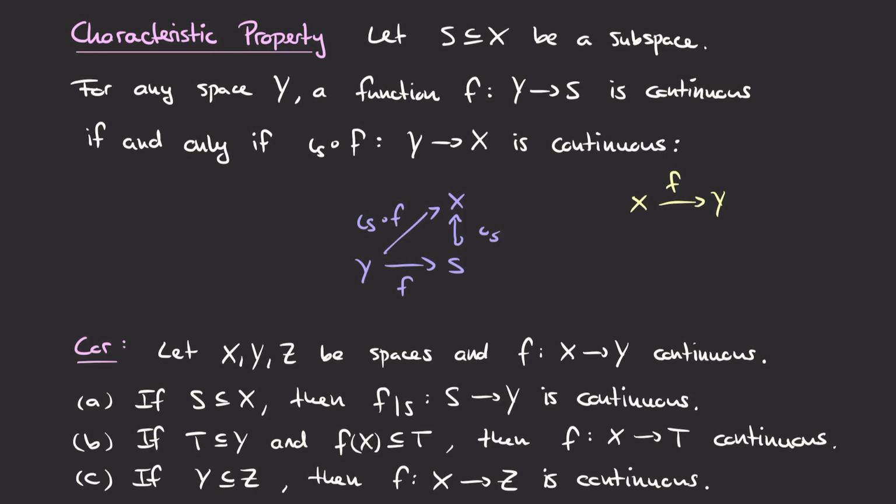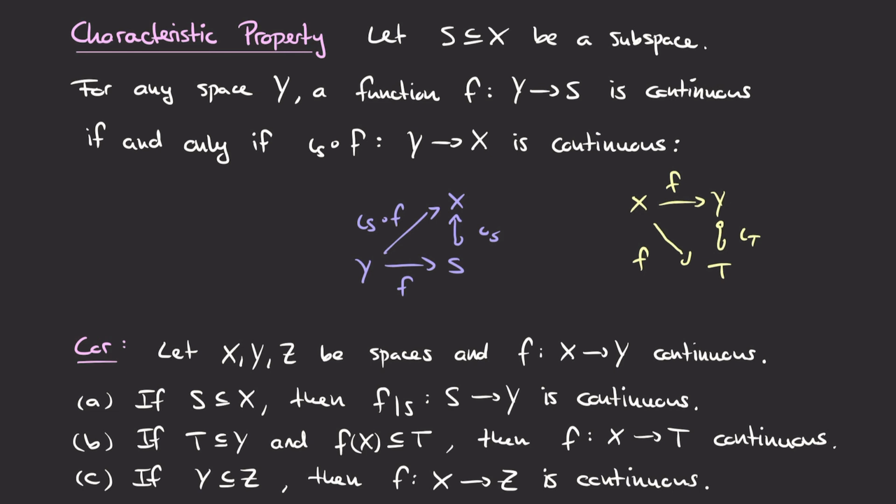And now we have a subset T of Y and an inclusion ι_T, and we want to view f as a function going from X to T. And this only works if the image of the entire set X under f is actually included in T.